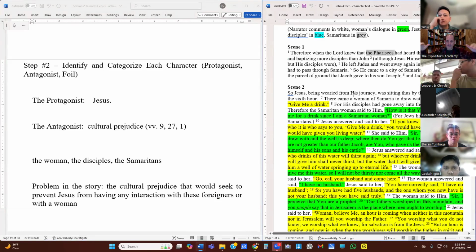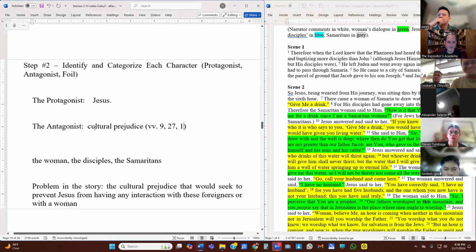Again, they are in the background in this story, but they become more prominent in chapter 5 and following in attacking Jesus and being the antagonist in the gospel as a whole. But here it's more the cultural prejudice that they promote, that exists in the culture, the bias, the racism, that would cause a problem here.